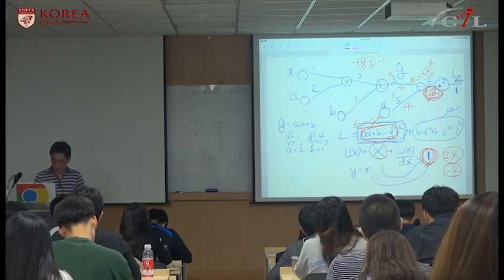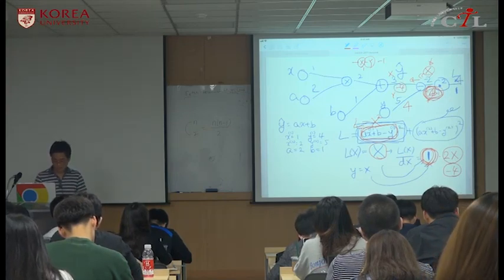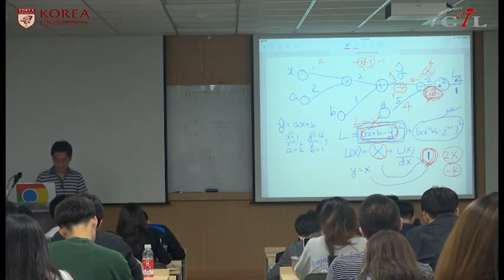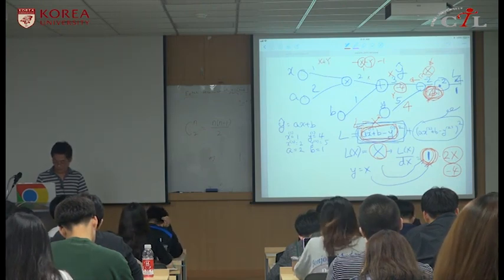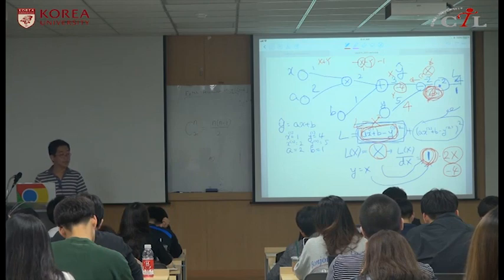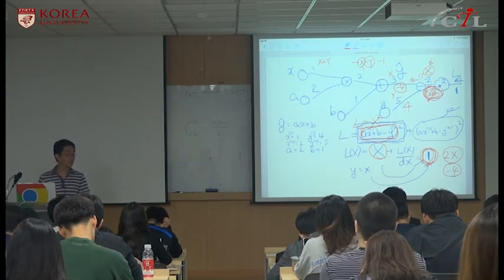Okay, and then this -4, in the case of the add gate, it's x plus y. Here we have x and y as temporary variables, and in this case the partial derivative will always be 1.